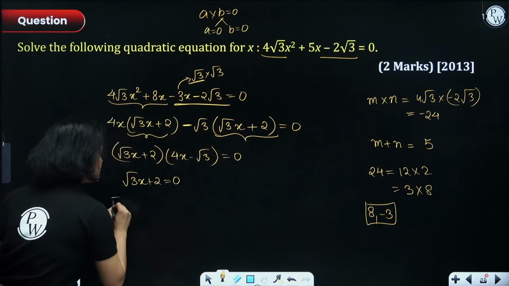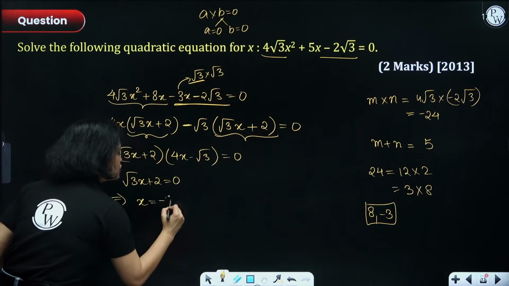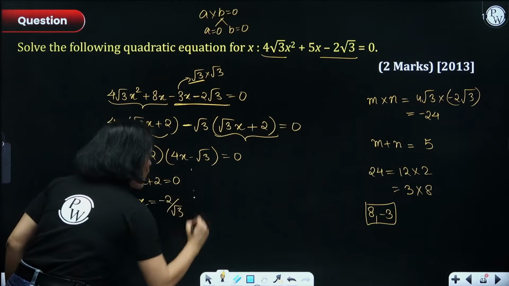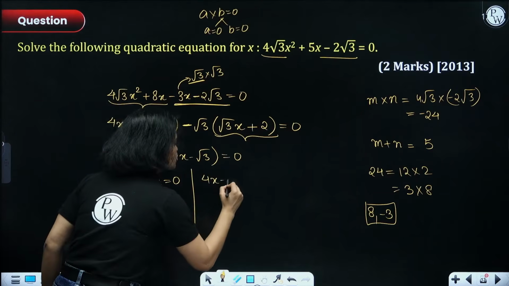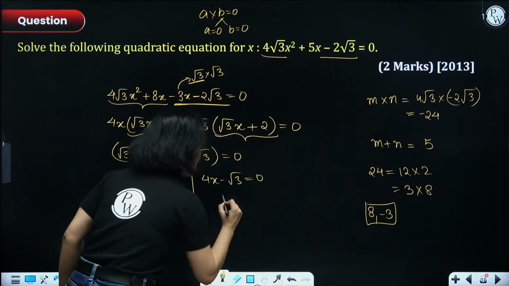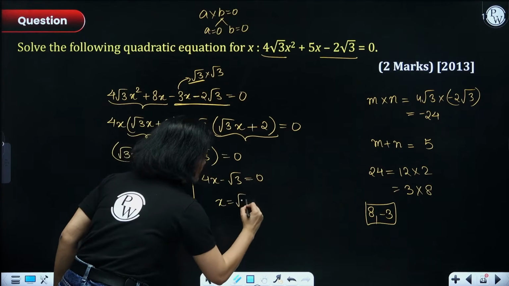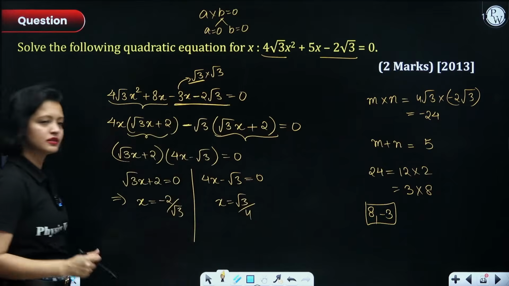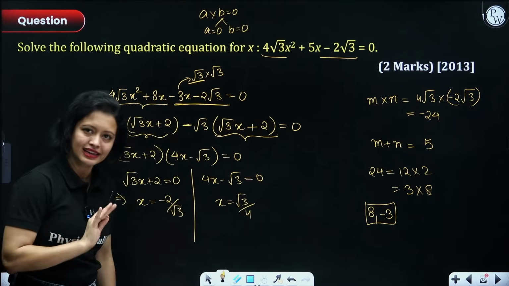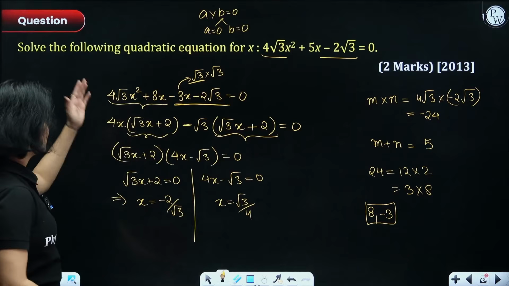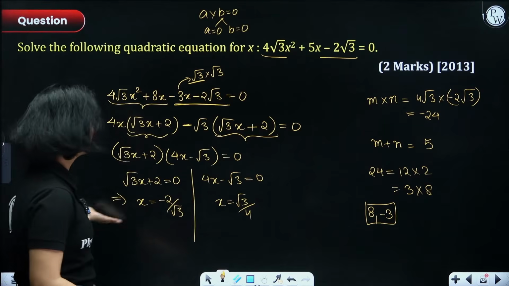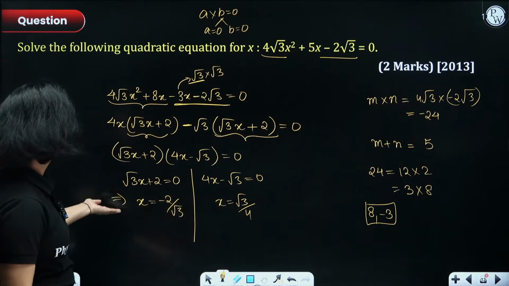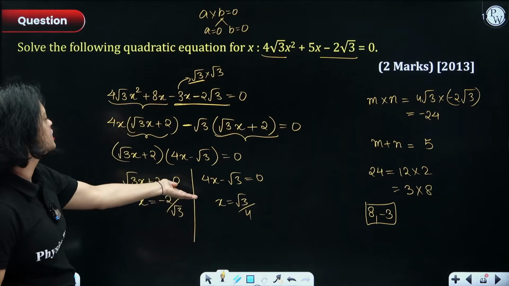Now if this becomes 0, then x becomes minus 2 over root 3. Or 4x minus root 3 has to be 0. Now if this happens, then x is equals to root 3 by 4. Yes or no, guys? Cool, simple, easy, right? Okay, so yes, that's it. These are the two roots, negative of 2 over root 3 and root 3 by 4.